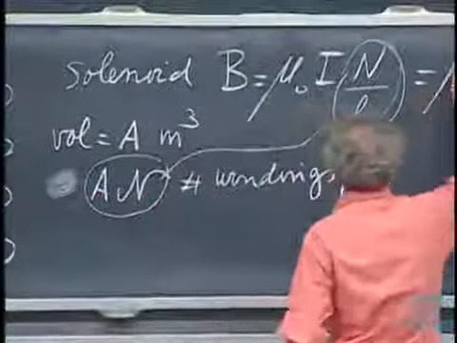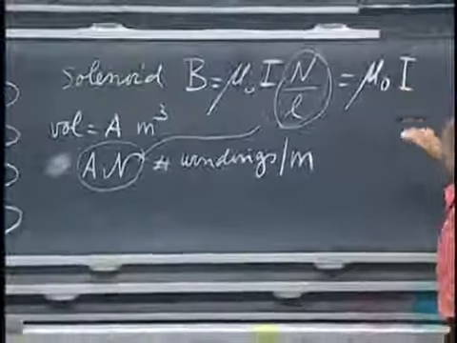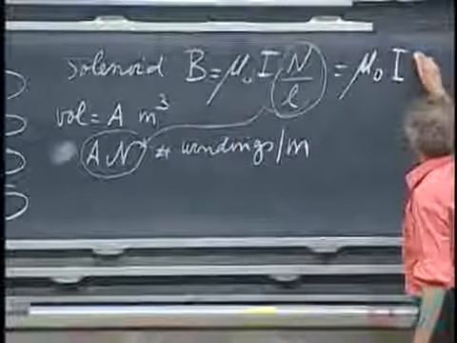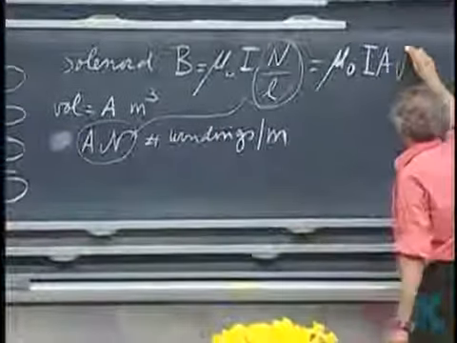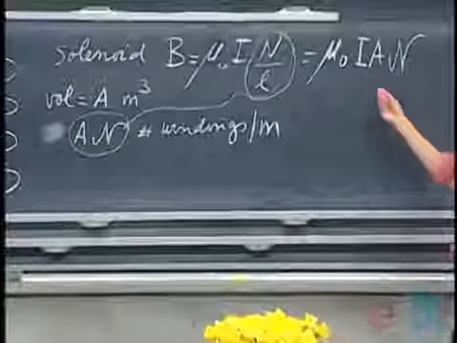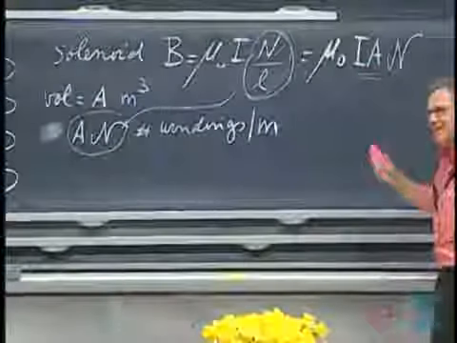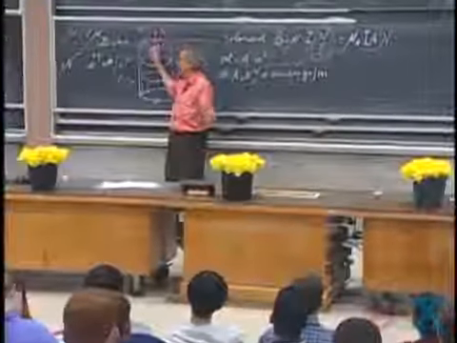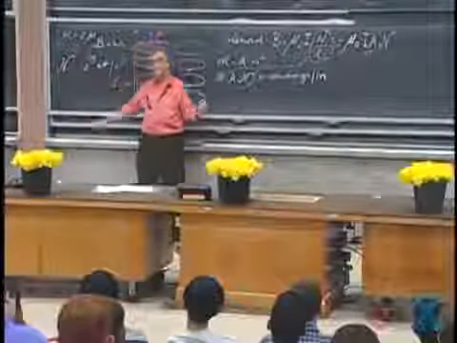And so I can write now mu zero times the current I times that area A times N, which is 10 to the 29. But look now, you see why I did it this way, because I times A is the magnetic dipole moment of my atoms. And that was 2 Bohr magnetons.